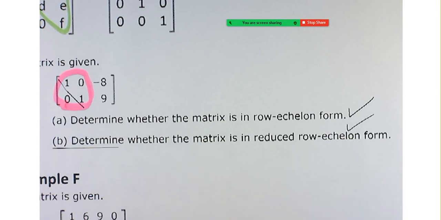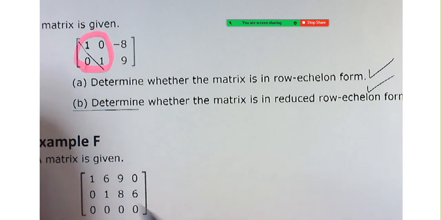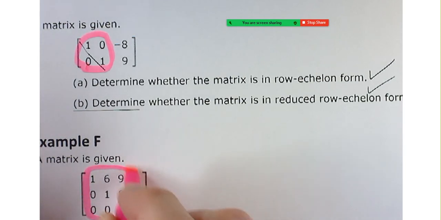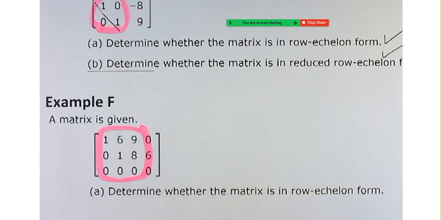Now, let's see if this is having a little sticking power with you guys. Let's take a look at this one. Is this in row echelon form? Yes or no? So let's zoom in here a little bit and focus just on this little piece right here. Is that in row echelon form?